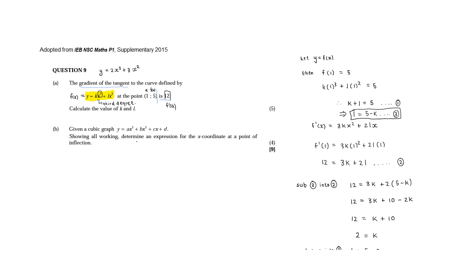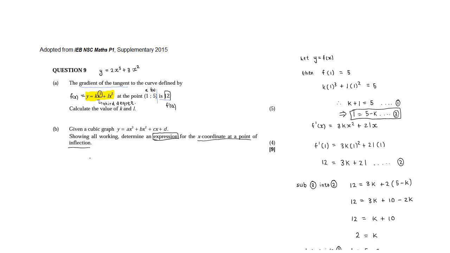We are given a cubic function, and this is the general form of a cubic function. We need to show all our workings and determine an expression, which means that our answer is going to be in terms of these variables that we see in this general form, for the x coordinate at the point of inflection.